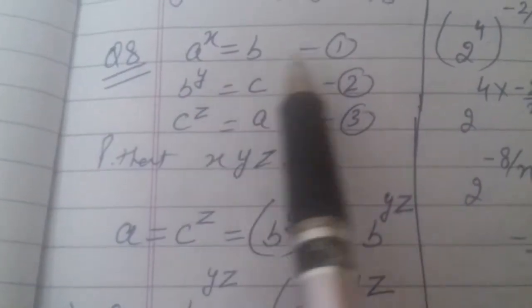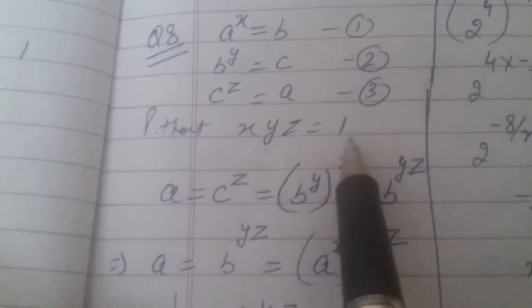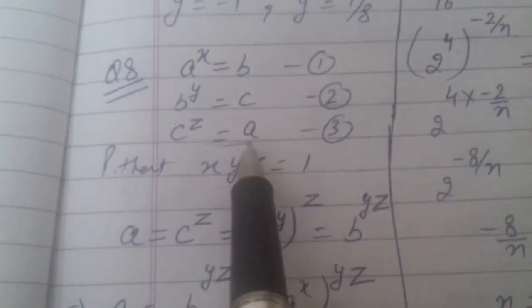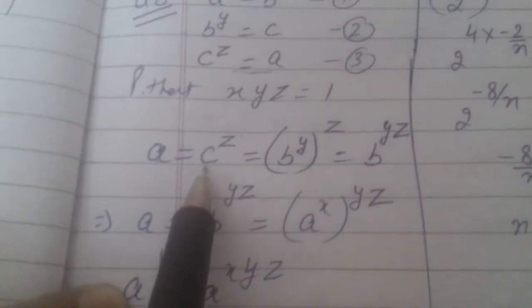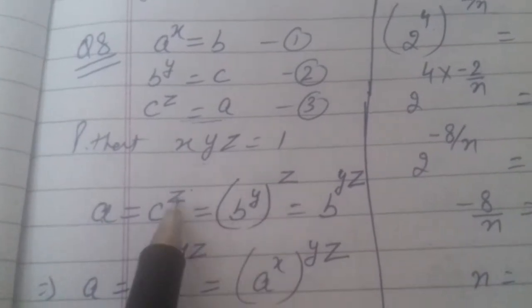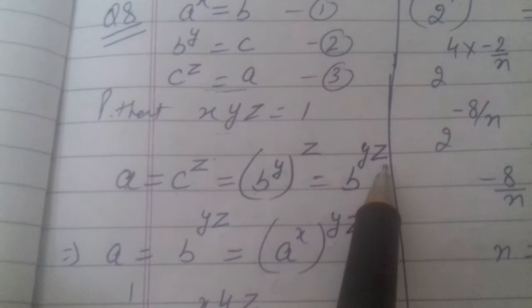Yes students, 8th question, this is the given information and you have to prove xyz is equal to 1. Very important question. I am going to start with equation 3. What is equation 3? a is equal to c power z. Now children, what is the value of c? b power y. I will replace c with b power y, and what is the power outside? z. It will become b power yz.